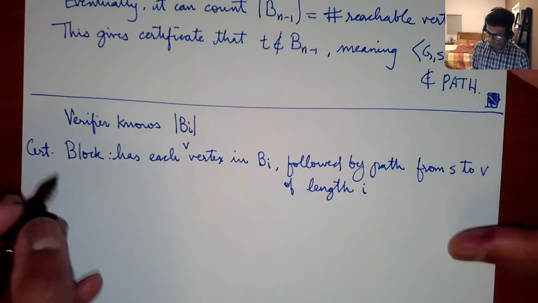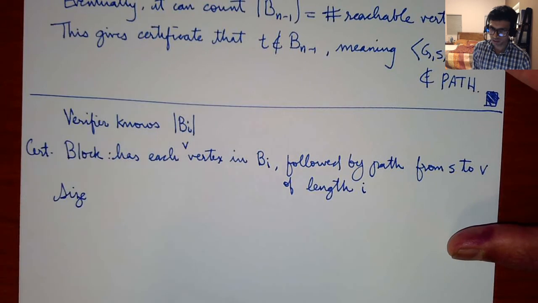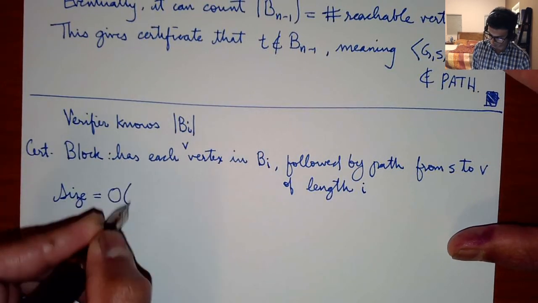Now what is the size? The size of a certificate block is O of n squared log n.